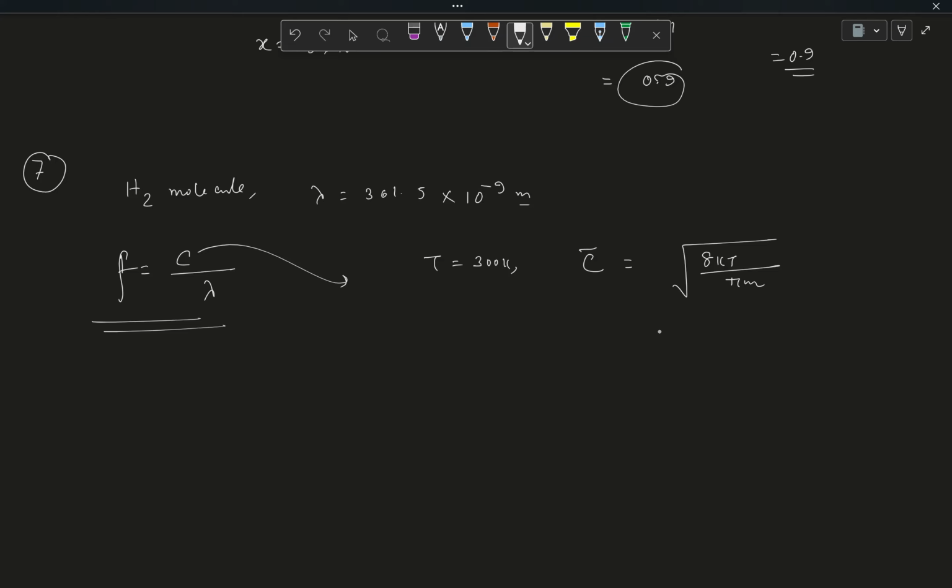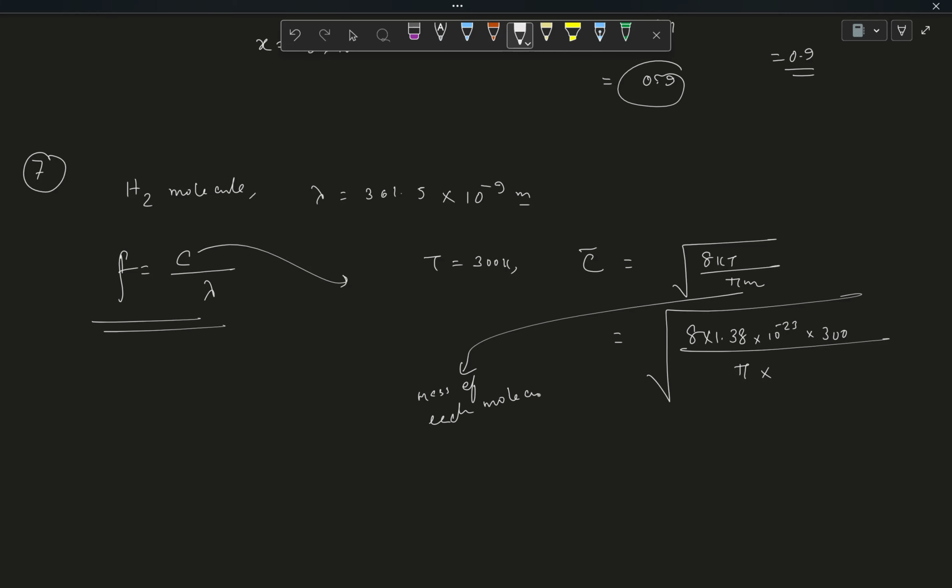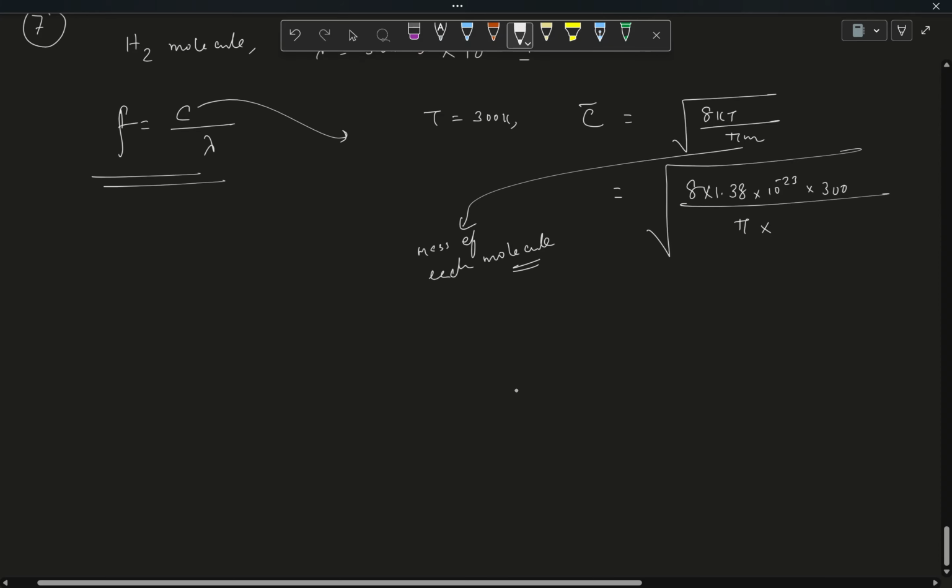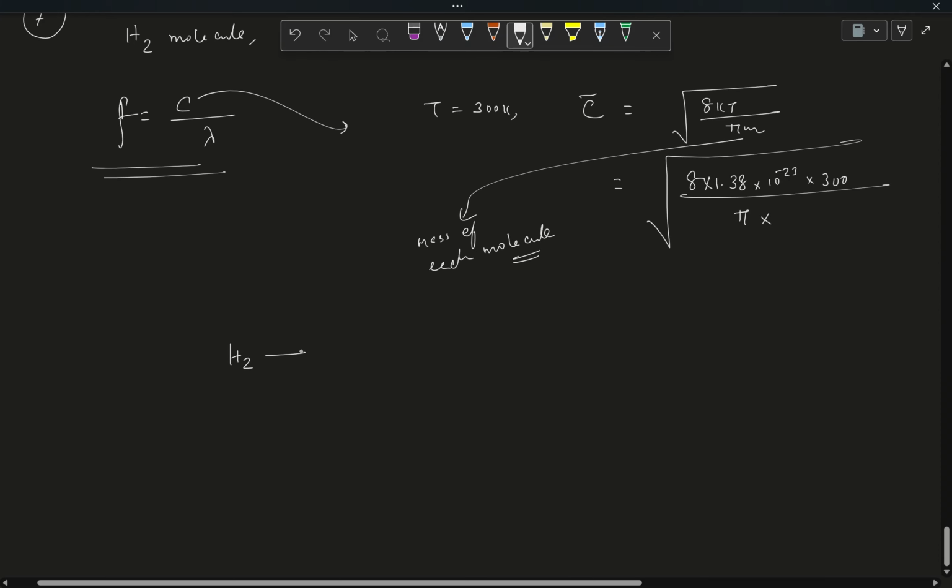The average velocity is root over 8 kT by pi m, and this value is 8 into, in SI you will calculate, so 1.3 into 10 to the power minus 23 into T, which is 300 Kelvin, by pi into m, the mass of a single molecule. But because hydrogen is diatomic or H2, it has 2 atoms, right? So a single molecule has 2 atoms, and you know that for hydrogen the atomic mass is 2 AMU.